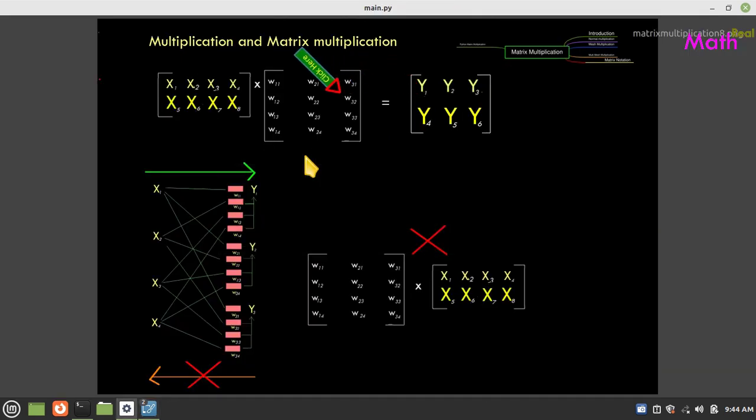So we are multiplying first row with first column, first row with the second column, first row with the third column.